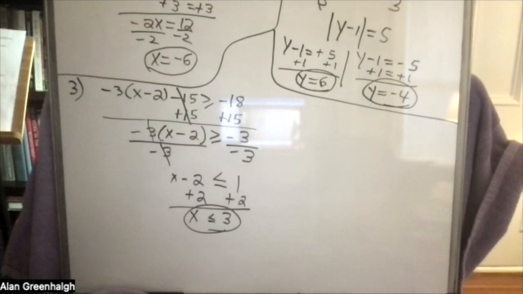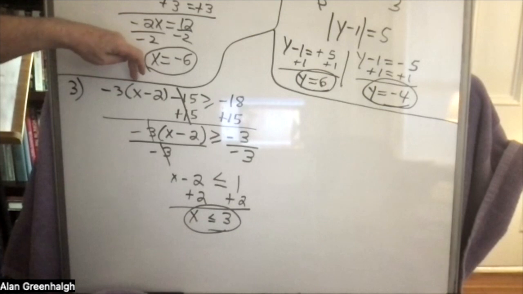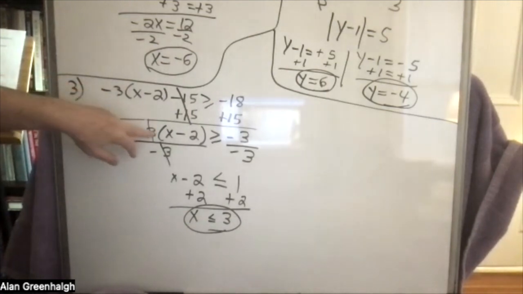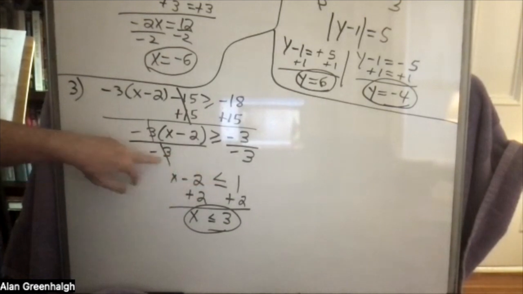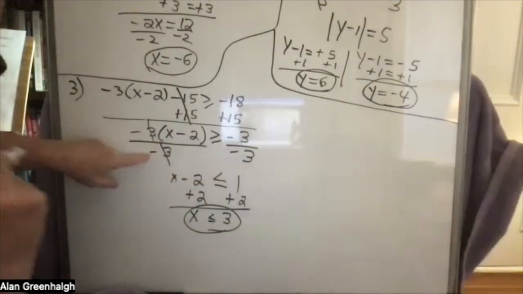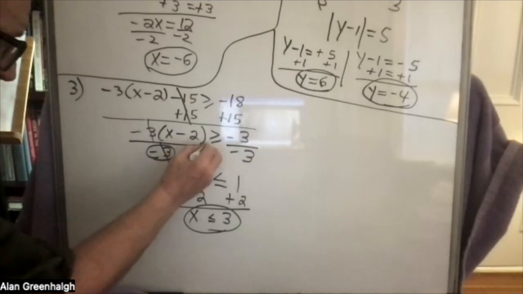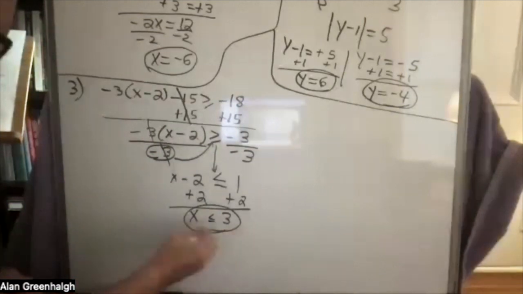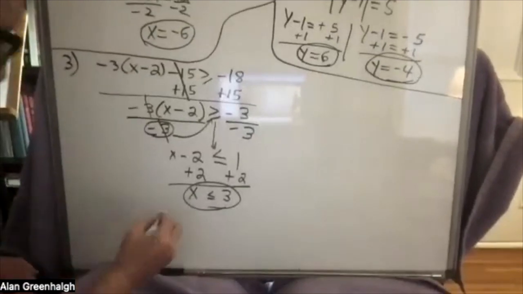Now first let me look at this, see if I got this right, based on what I did. Okay, so we reverse it because the negative number that we're dividing by causes this to become reversed. Now, you're going to express the answer 2 ways.